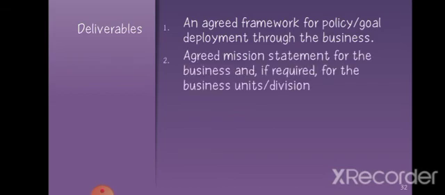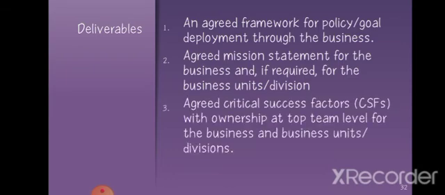Another is an agreed mission statement for the business and, if required, for the business units or divisions. Third, agreed critical success factors, or the CSFs, with ownership at the top team level for the business and business units or divisions.